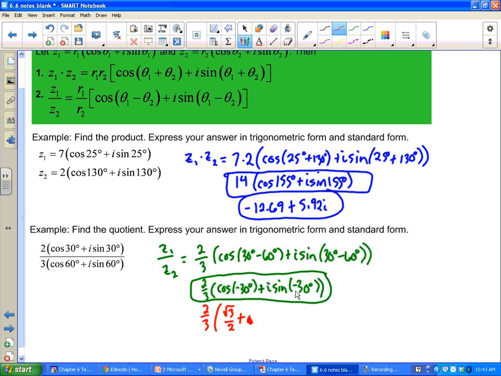And then the sine of negative 30 will be negative 1/2, and it has that i next to it. I just looked at my unit circle to find that. Then if I distribute 2/3 times the square root of 3 over 2, my 2's cancel, I get square root of 3 over 3. If I distribute 2/3 times negative 1/2, I get minus, the 2's cancel, and I get 1/3 i. So in standard form, this would be my answer.